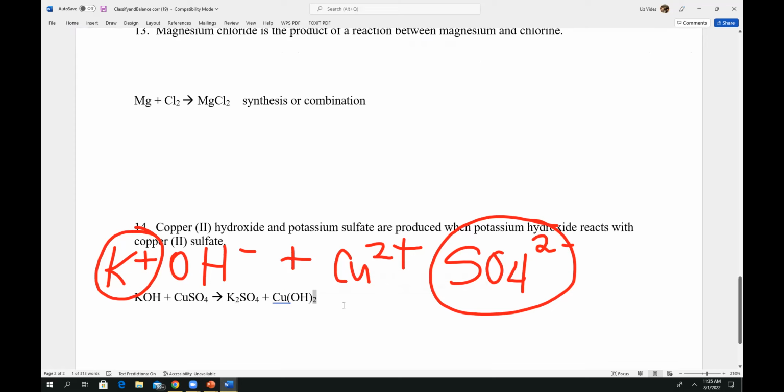A subscript tells us how many particles of that thing there are. The subscript tells us how many atoms of that element are in that compound. So let's clear this.